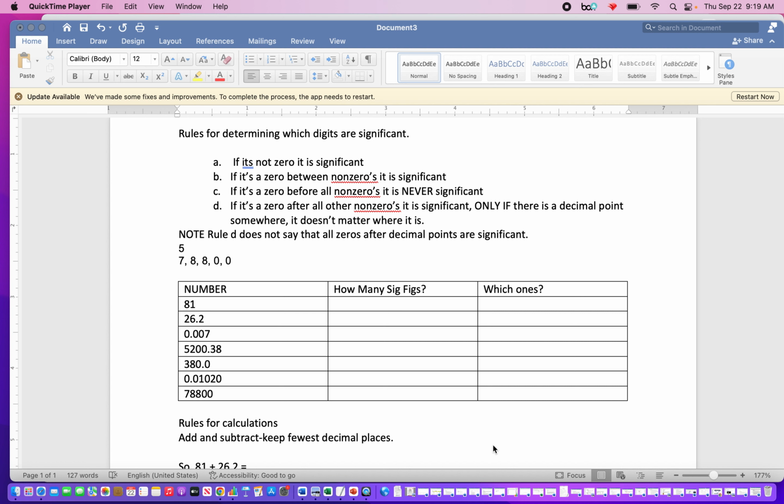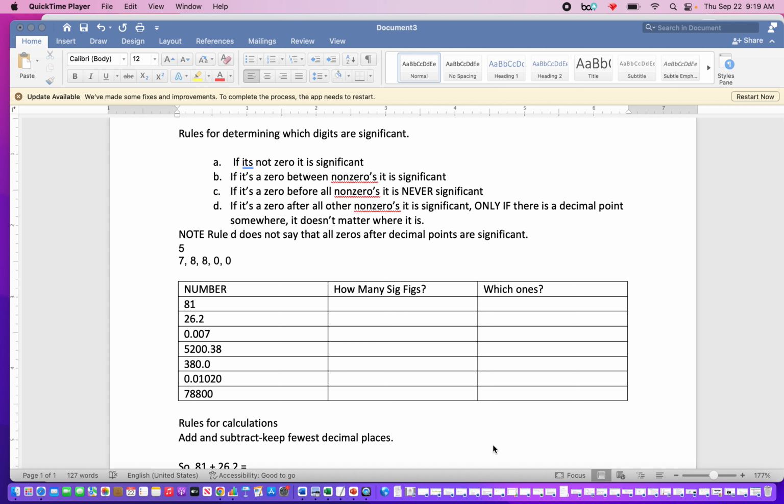Just so you know, the reason we are interested in significant figures is because we're very limited in our ability to measure very precisely. Usually 1 or 2 decimal places is about the best we can do.